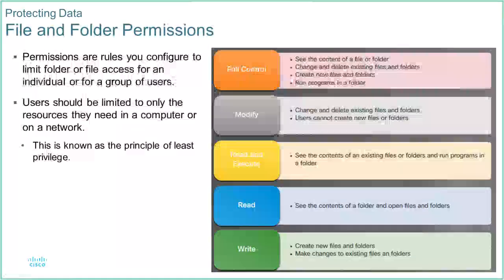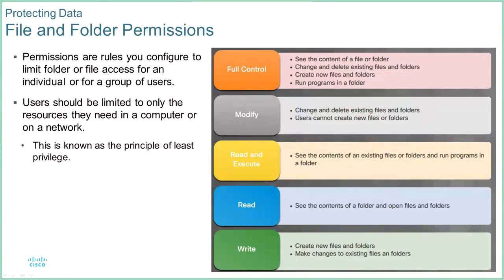Alright, permissions, rules. Within each file system you will have full control, modify, read and execute, read and write access. Most users will get a combination of these, and under the rules, if you have the rights in the parent folder, you'll have the same rights in any subsequent children of that folder.